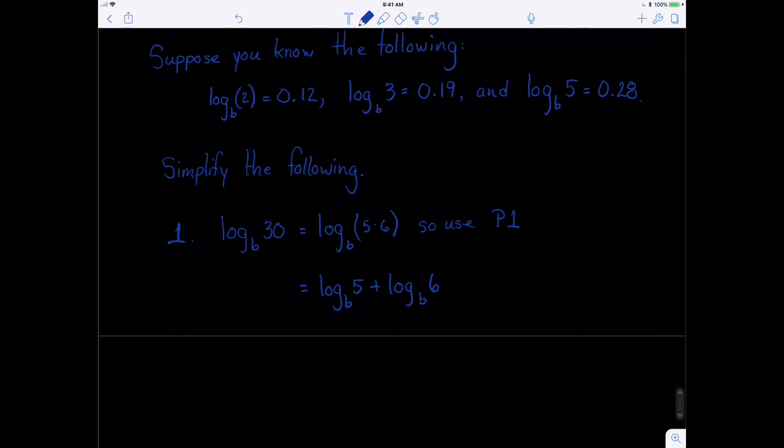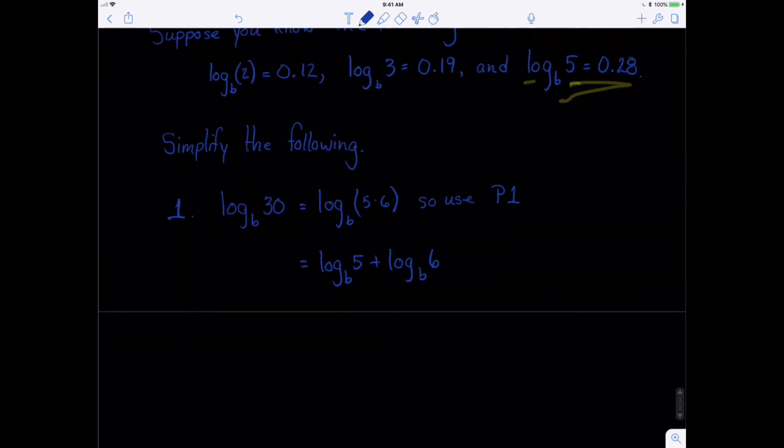Now this is good because I know up above the log base b of 5. That's right here, so we can use that. But what about this 6? I don't have a 6. But look, I have a 2 and a 3. So let's think of this as log b of 5 plus log b of 2 times 3.